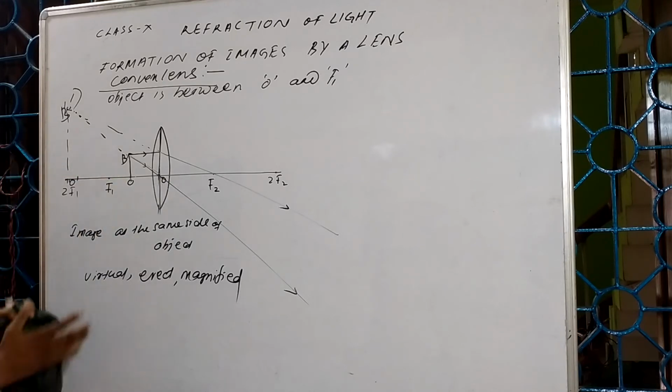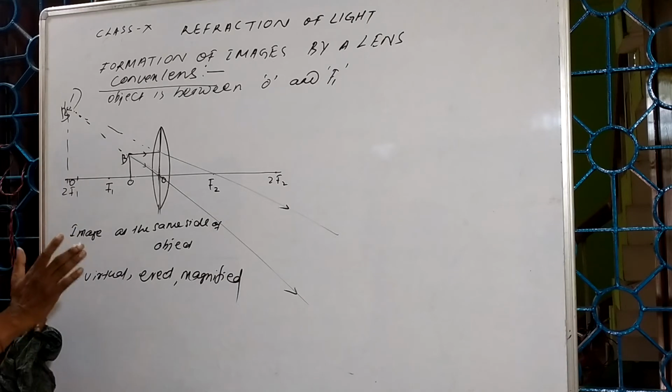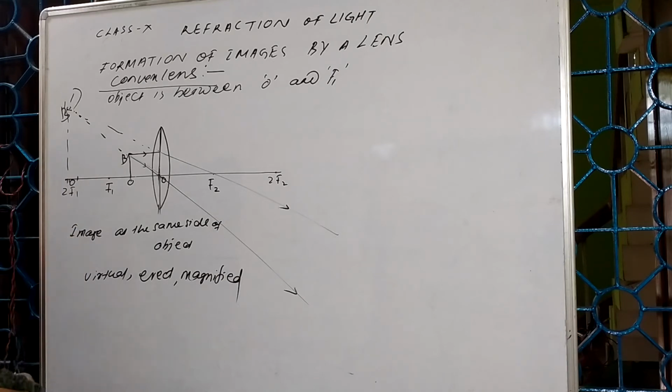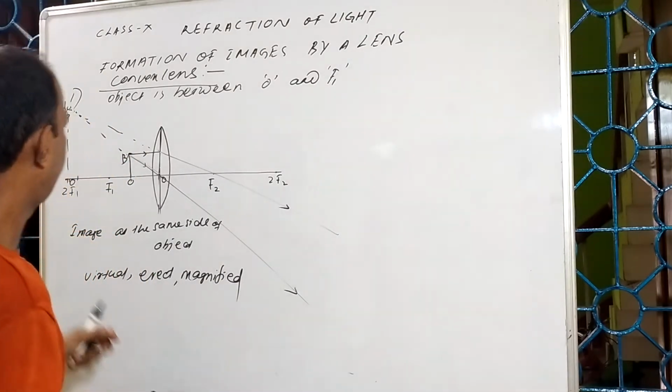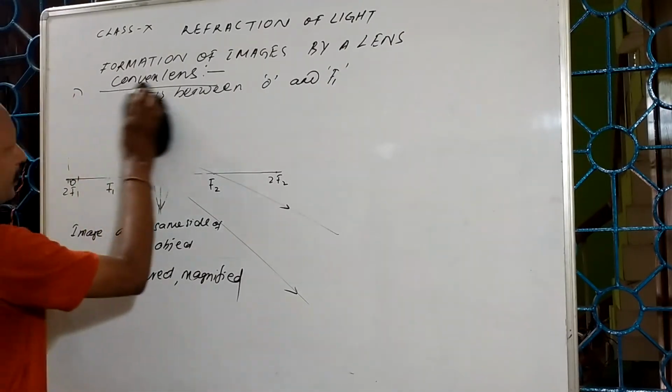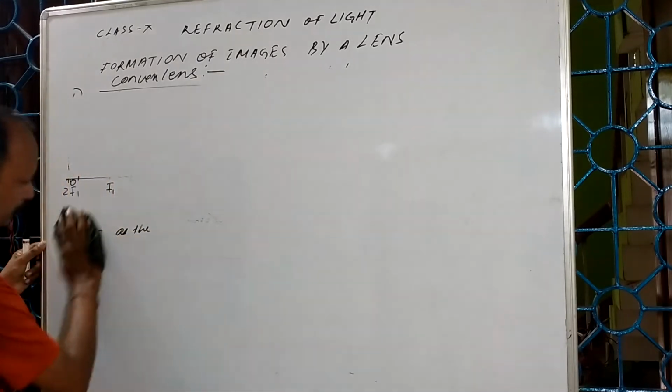This is just like the image formation in a concave mirror, what I explained in reflection of light. Let us see the second case.